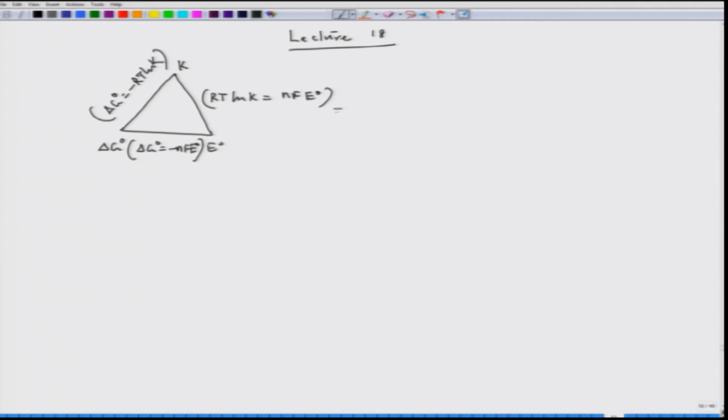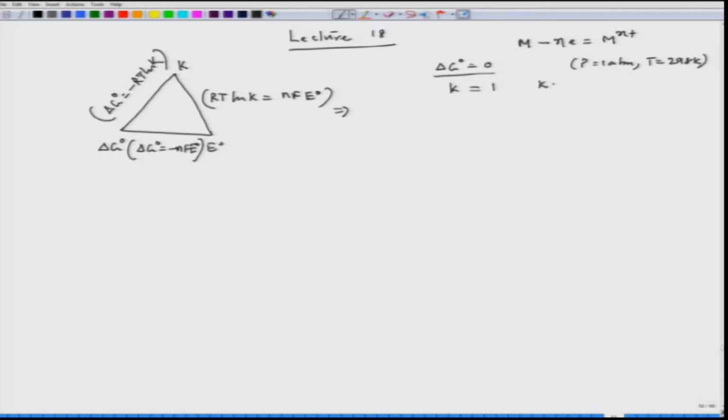Now, let us say delta G0 equal to 0. For a particular equilibrium reaction, let us say this is my equilibrium reaction, I am considering M equal to Mn plus plus ne. So, this is the reaction we talk about. Then if we consider the standard free energy change delta G0, that means P equal to 1 atmosphere, T equal to 298 Kelvin, then K would be 1.